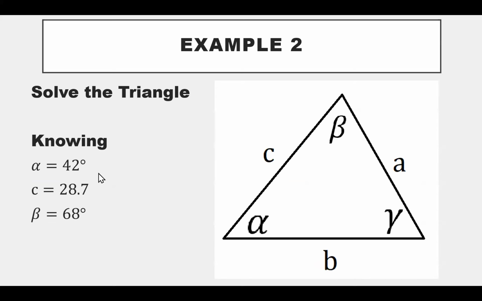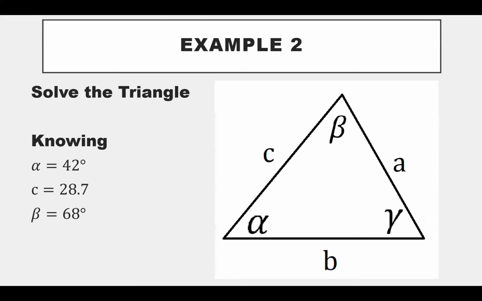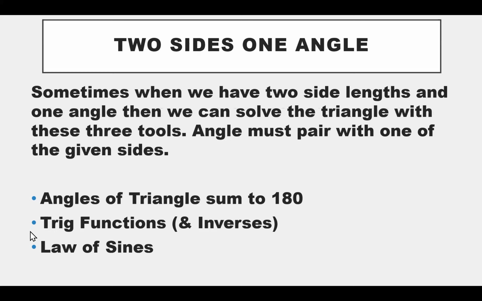This example was an acute triangle because all angles were less than 90. Or whether we had an obtuse triangle. This one was obtuse because one of the angles was greater than 90. So no matter what shape of triangle we have, if we have two angles and one side length, then we can utilize these three tools to solve the triangle.